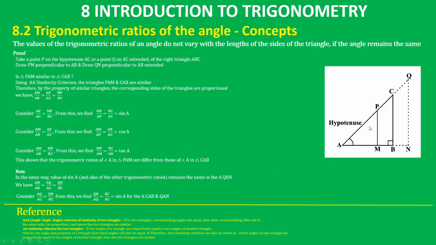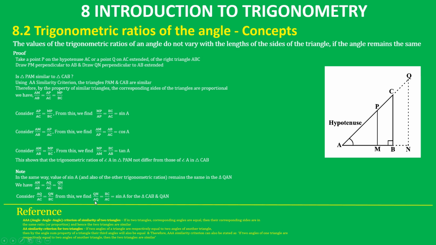the QN, this altitude or height, QN by BC. Now consider these two pairs. This pair you consider, AQ by AC is equal to QN by BC. Now what you do is, you send this BC to here, AQ to here, QN by AQ is equal to BC by AC.